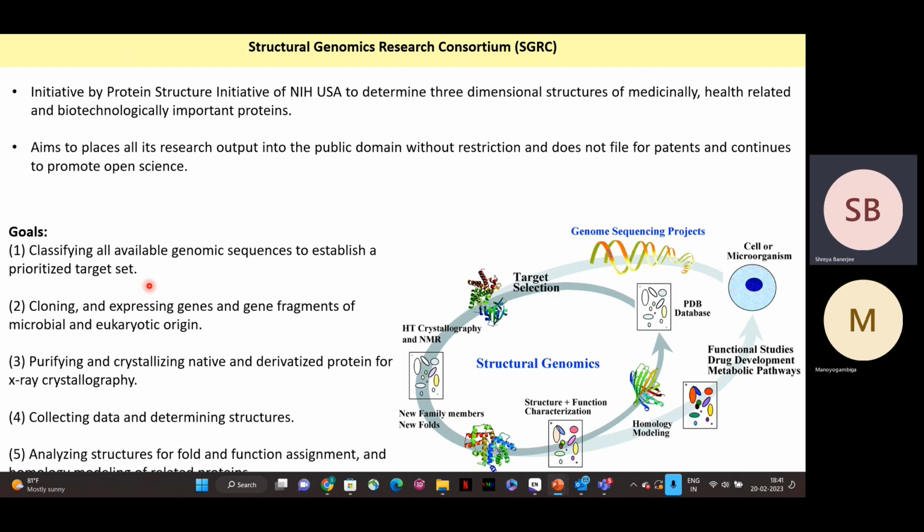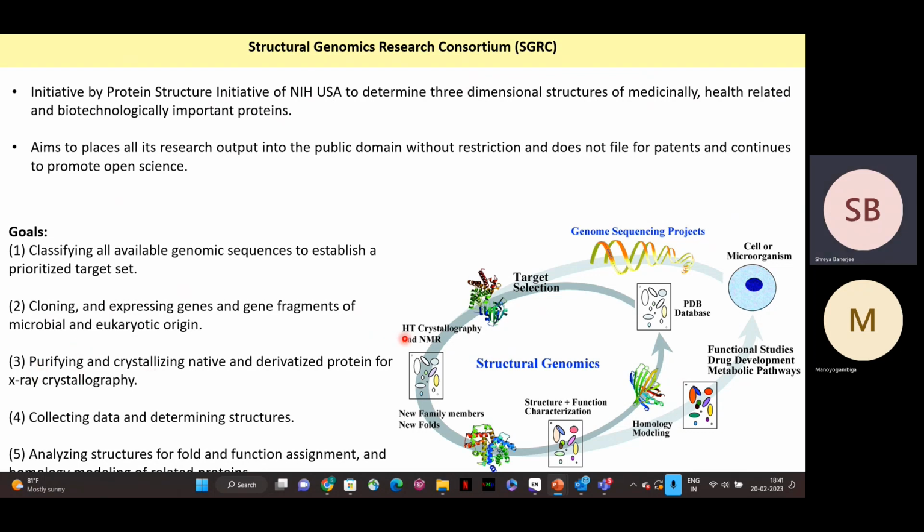So then you can target the disease by targeting those specific genomic sequences. The second thing, it aims to clone and express the genes and gene fragments of microbial and eukaryotic origin. So you learned about cloning through plasmids of E. coli, and that is done to express many different copies of the DNA for study.